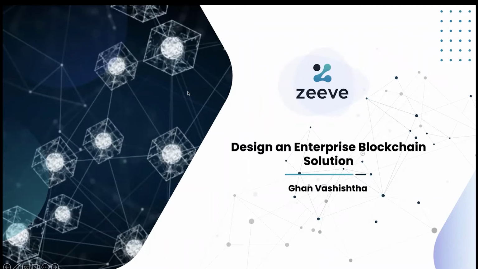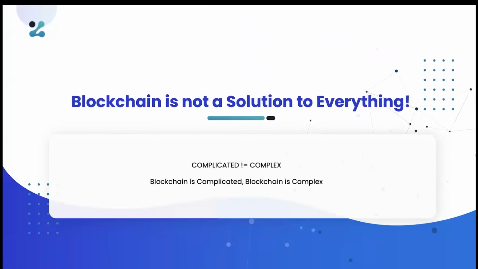And to start with, of course, this has been there since the beginning of blockchain, and we all know that it's not meant to do everything. There are things which you might not apply blockchain to. So we have to be wise, we have to be careful, and we have to understand it because it's at times very complicated if you apply it to certain use cases, and at the same time very complex.